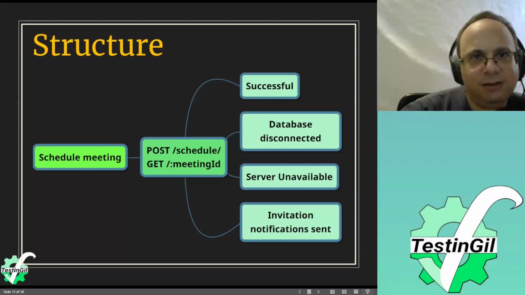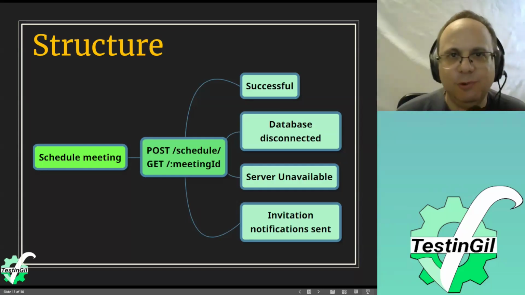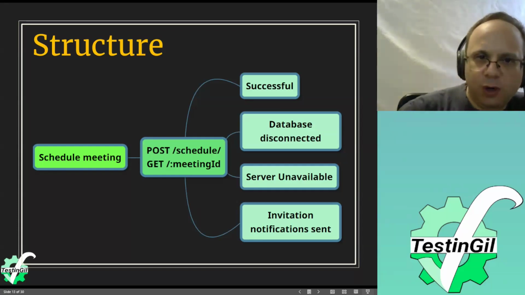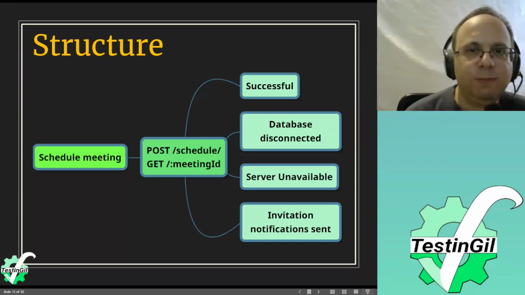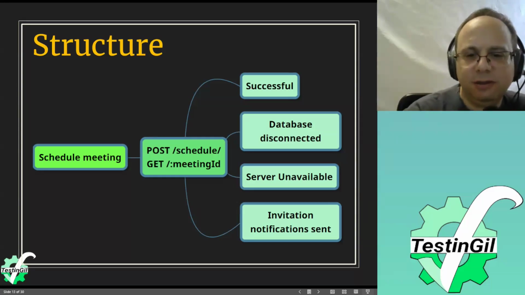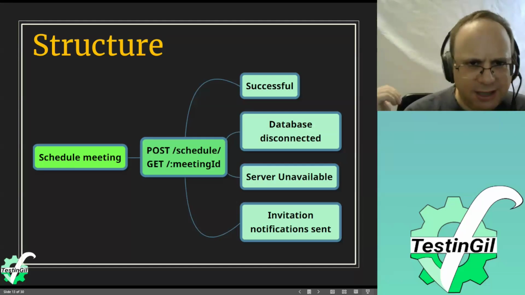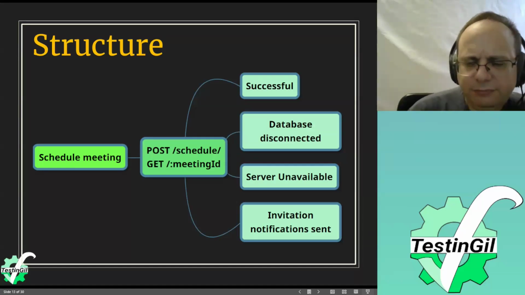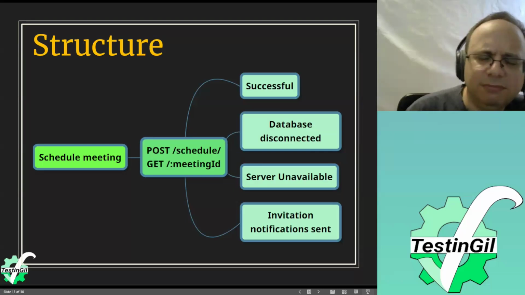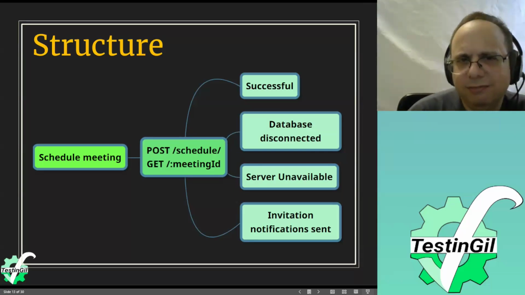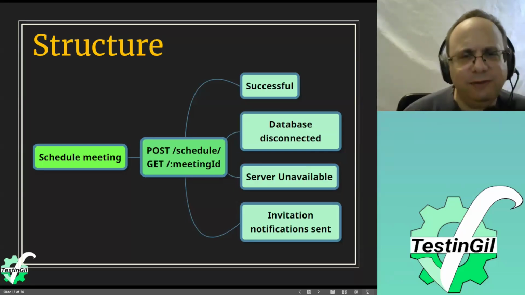What happens if the web server doesn't work? Is what I'm seeing on the screen what I'm expecting to see as a user? So if the server is unavailable, I get a 500, maybe. Is that good? Not sure. Maybe it needs to be something different, like showing something like server unavailable on the screen without the 500.